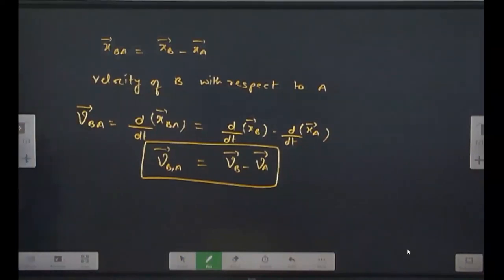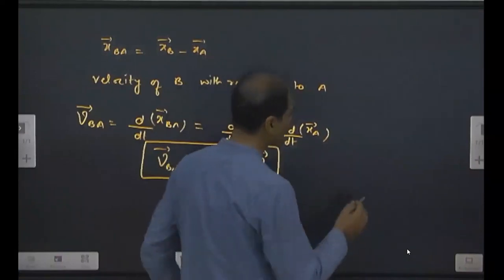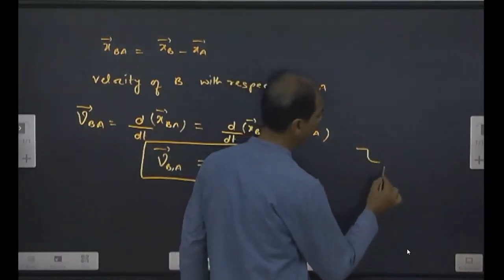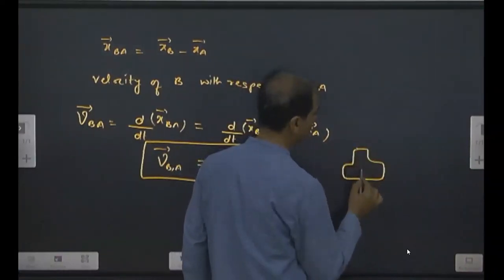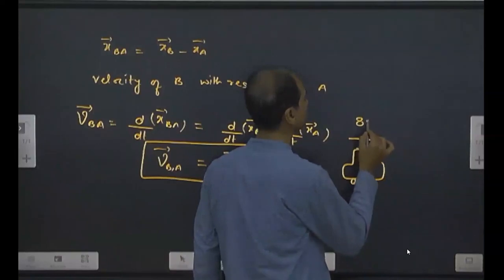What is the meaning? The meaning is very simple. Suppose you are going in a car. This is your car, this is A. This car A is moving with 8 meters per second.